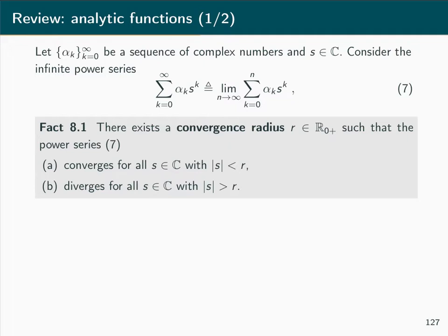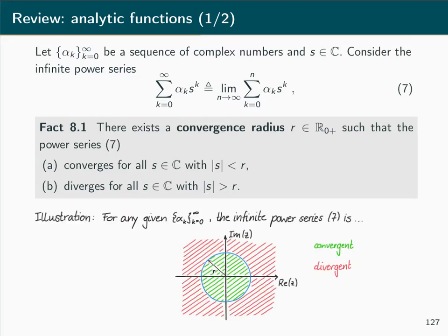And this result says that for any given sequence alpha k, there exists a convergence radius r, which is a positive real number, such that the power series of equation 7, A, converges for all complex variables s with absolute value of s less than r, and B, diverges for all complex variables s whose absolute value is greater than r.